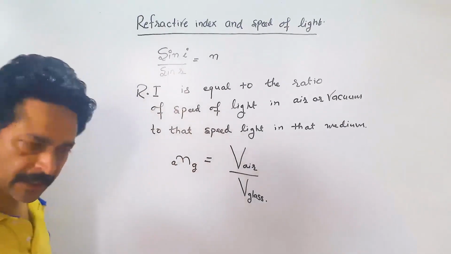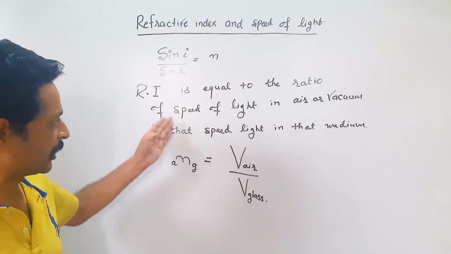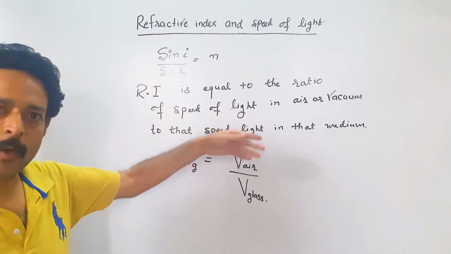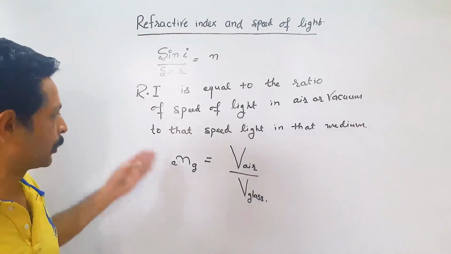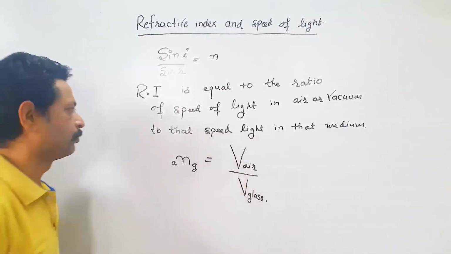I repeat once again. Refractive index is equal to the ratio of speed of light in air or vacuum to that of speed of light in that medium.